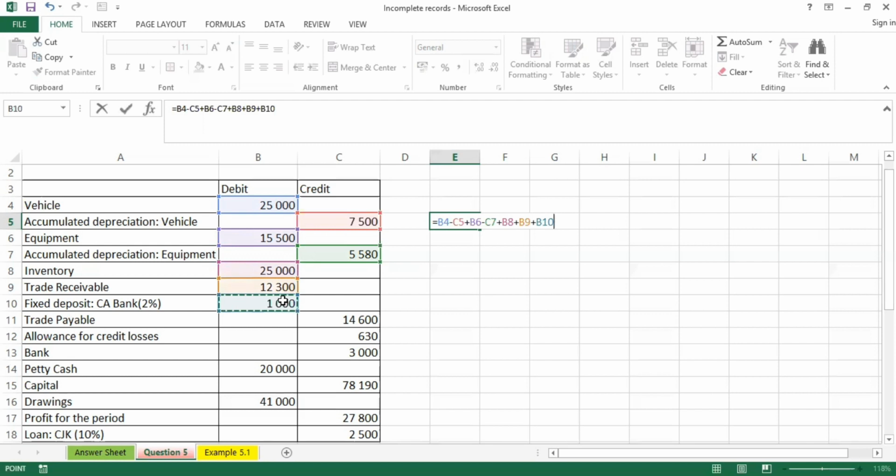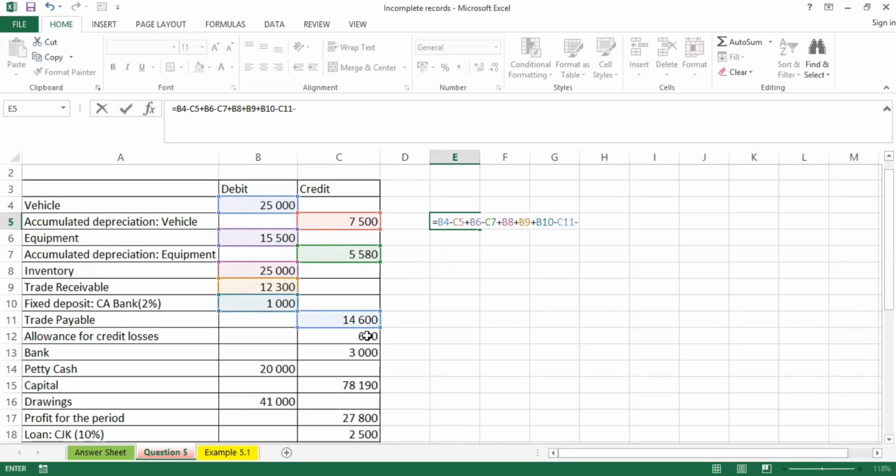So inventory is an asset, trade receivables is an asset, fixed deposit is an asset, and then we have trade payables. Trade payables, we all know that it's our liabilities. So we minus our liabilities. So we add all the assets minus all the liabilities.